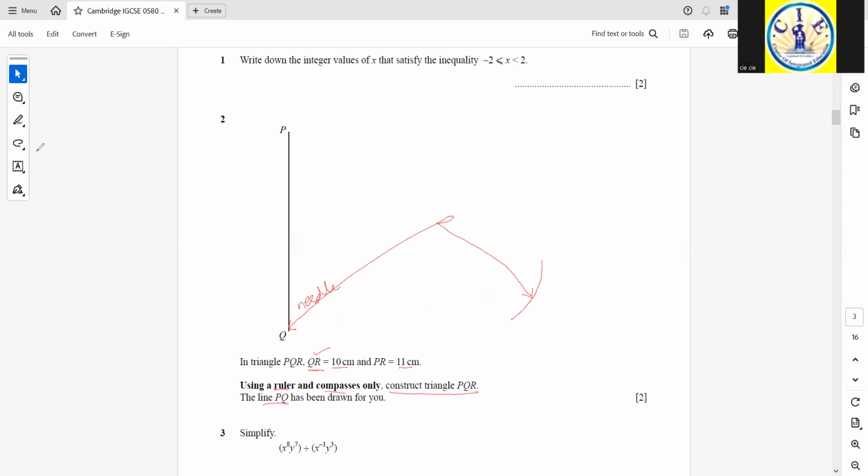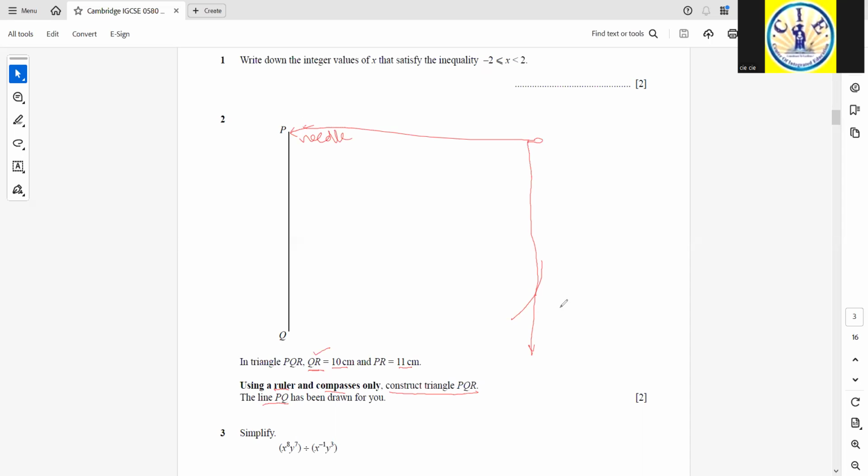Then what we need to do is now replace the needle of the compass, and place it here at point P, and then open the radius of the compass to be equal to 11 centimeters, and that would be somewhere over here.